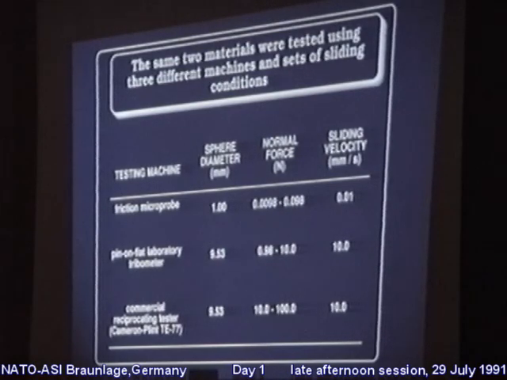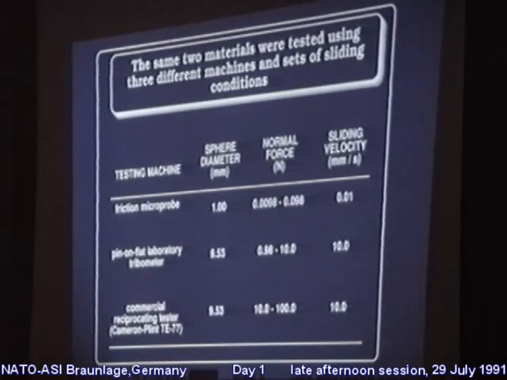The second was more typical of a bench scale laboratory reciprocating tester, pin-on-flat tribometer. Sphere diameter here larger, normal force from about 1 to 10 newtons. Sliding velocity, this is an error in both cases, it should be 100 millimeters per second, so that there are 4 orders of magnitude different average sliding velocity between that and these other two.